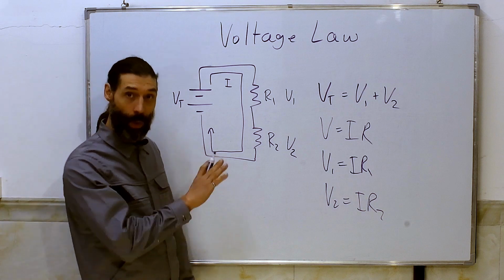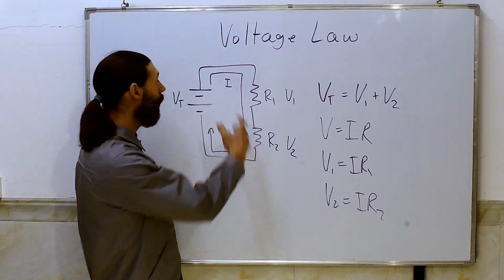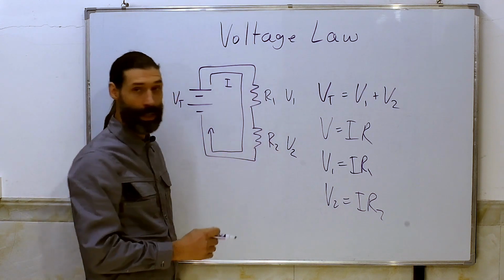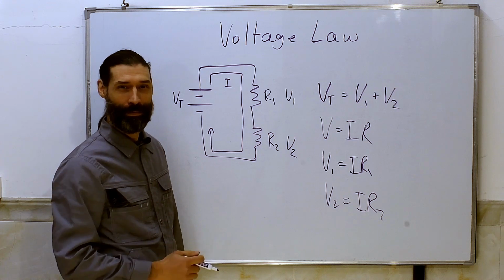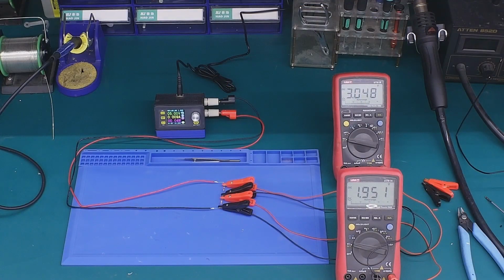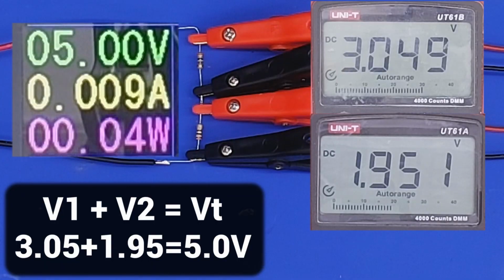Just the total voltage is the sum of the voltage drops across the components. I set up 2 resistors in series with a 5-volt supply, and we're measuring the voltage drop across each resistor. You can see that the voltage across resistor 1 plus the voltage drop across resistor 2 equals our 5-volt supply.